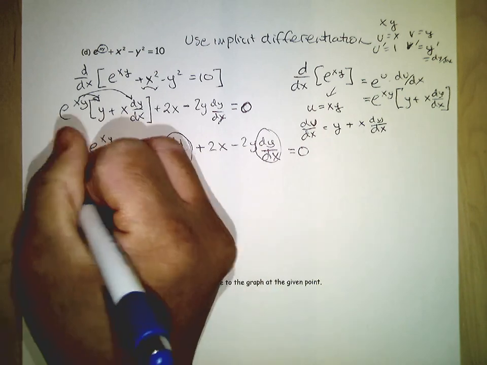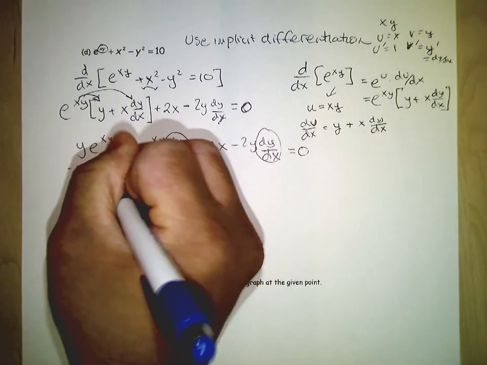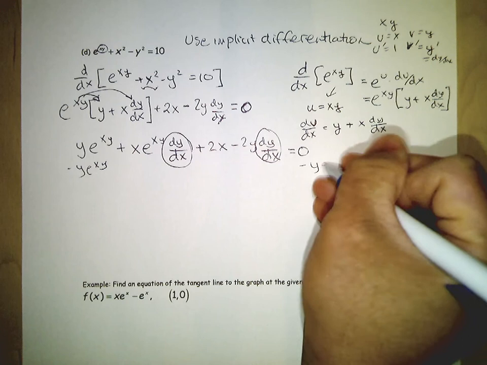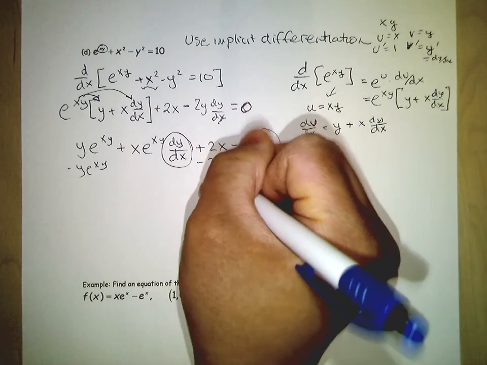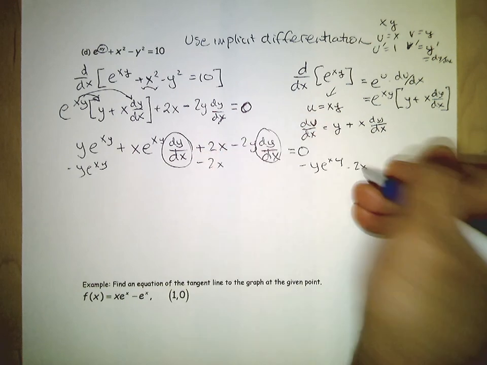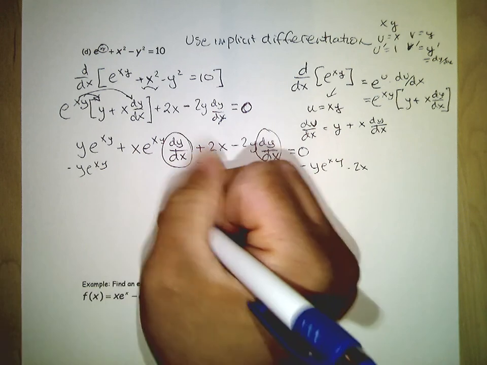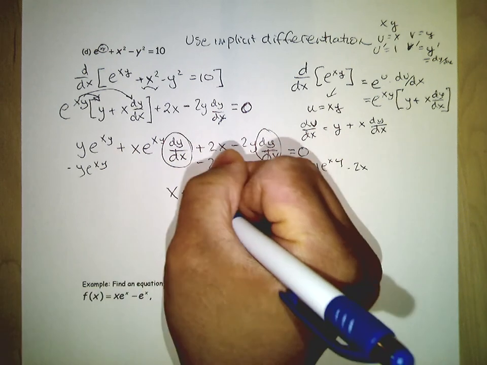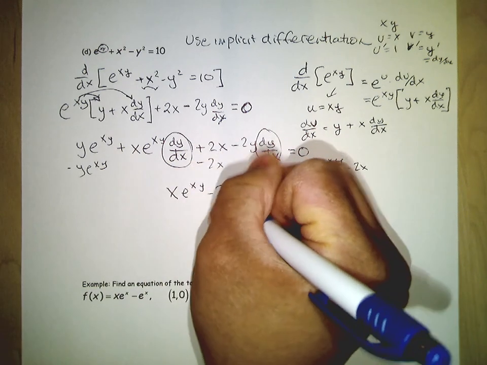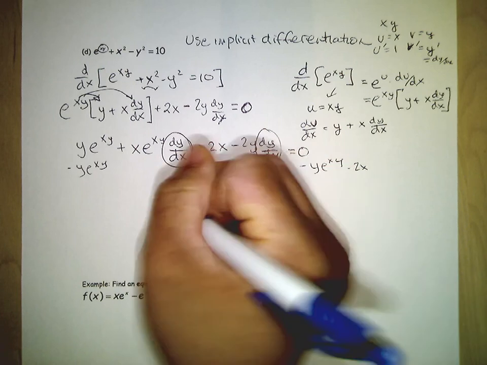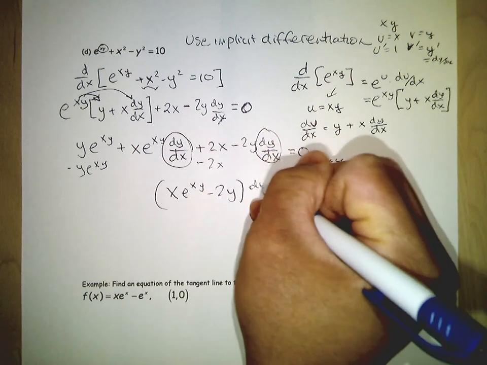So let's subtract the y e to the xy from each side and the 2x from each side so that we get only the terms with dy/dx left on the left side of the equation. So we have x e to the xy minus 2y times dy/dx.